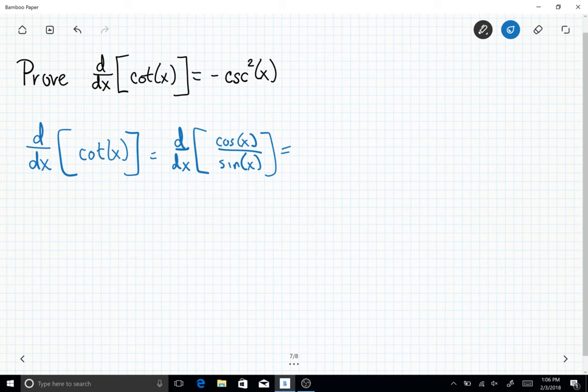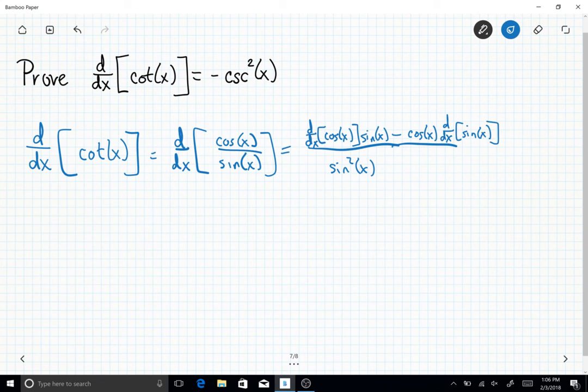So now what do we do? Well, we can use our quotient rule. So we're left with a sine squared x, and then what happens in the numerator? Well, you take the derivative of the numerator, so derivative of cosine of x times sine of x minus, we're going to be multiplying by the derivative of the denominator here in a second, cosine of x times the derivative of sine of x.